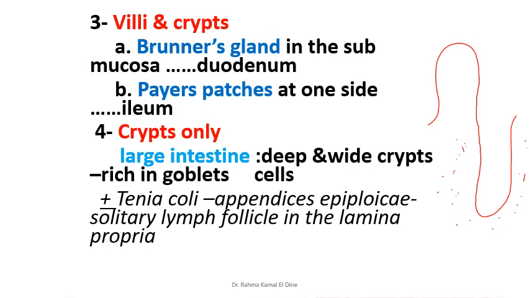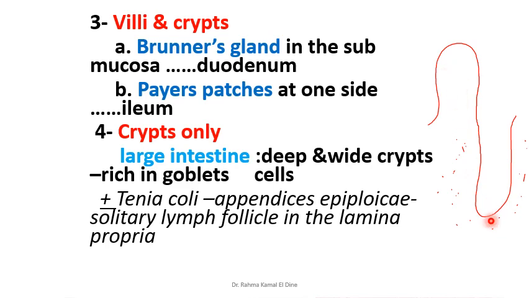With the villi, there is a space between them, as if you are putting your hand in front of you; there are spaces between your fingers, which is the lumen. This is the villi and this is the crypt.